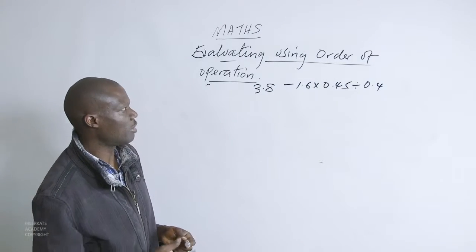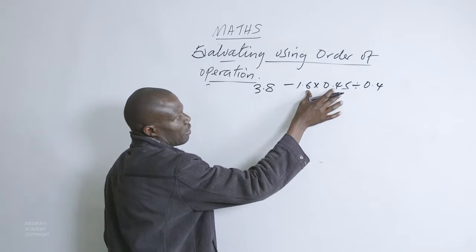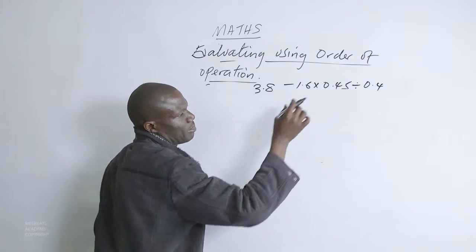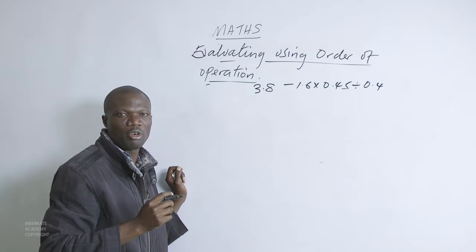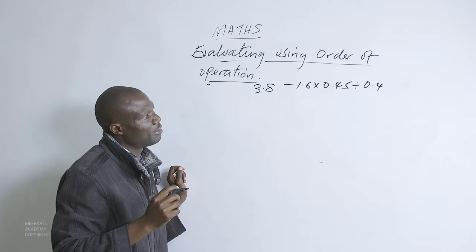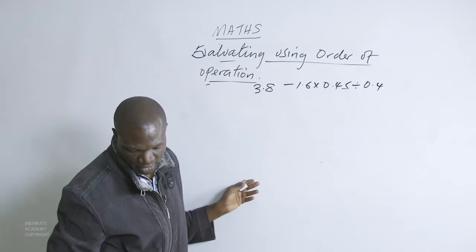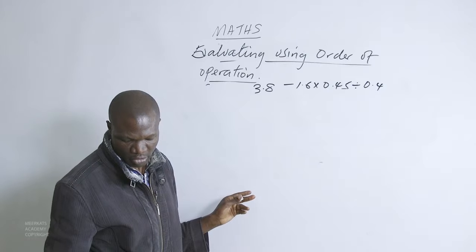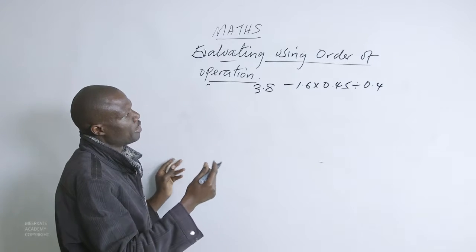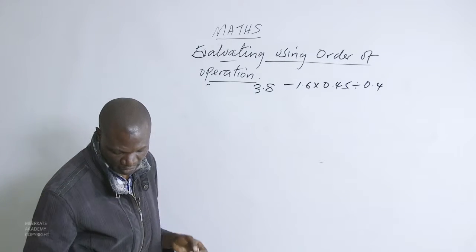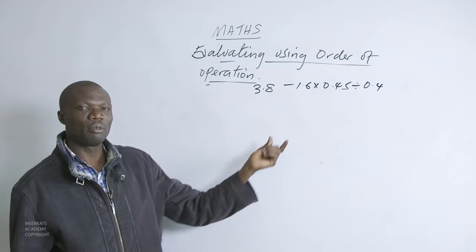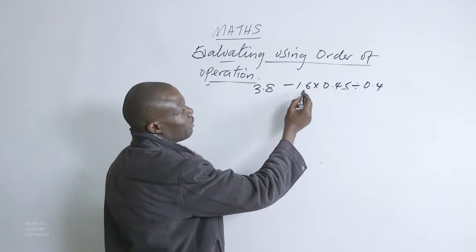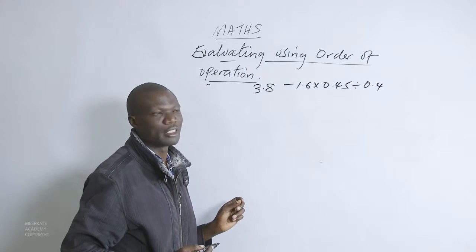So as we say the order, we shall tackle this one first. That is 1.6 multiplied by 0.45. You can use your calculator to work out the problem by yourself, or you can do it mentally. So, maintaining the order, here, we shall first work out this.